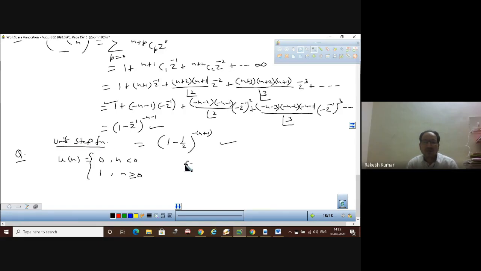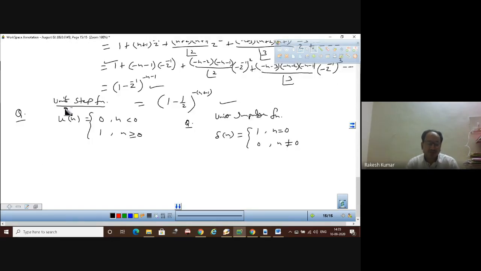And the question for the unit impulse function, that is also a delta. And what will that be? That will be a delta, and the value will be either 1 or 0. The value 1 will be for n equal to 0, and for n not equal to 0, the value is 0. Now we need to find its standard Z transformations.